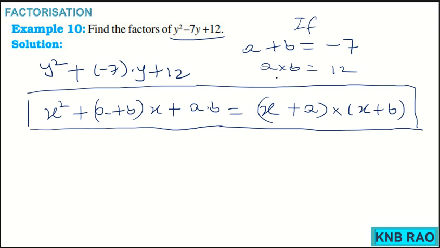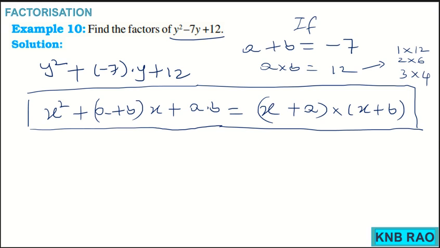This is a very important technique. Now, I will tell what are the possible products of two numbers giving 12. The possible products are 1 into 12, 2 into 6 and 3 into 4.